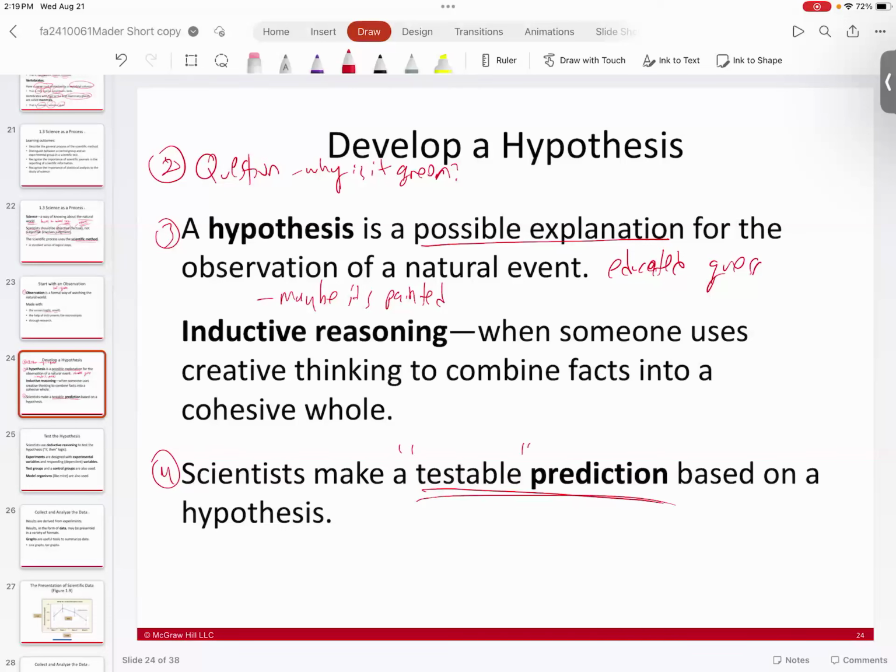This, by the way, is a hallmark of science that no other intellectual discipline has. Philosophy does not require you to have testable ideas. Theology does not require you to have testable ideas. Only science requires you to have testable ideas, which is the reason why science cannot say anything whatsoever about anything in the theological realm.